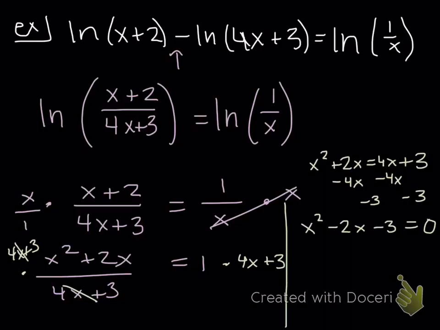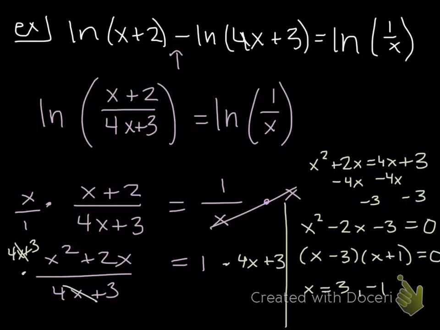I can just fill in the values. So this is going to be an x minus 3 and an x plus 1. And again, you can only do that when the leading coefficient's 1. So the two answers we get are 3 and negative 1. If you don't like just filling it in, you can still do the normal factoring. You're looking for what multiplies to be negative 3 and adds to be negative 2.